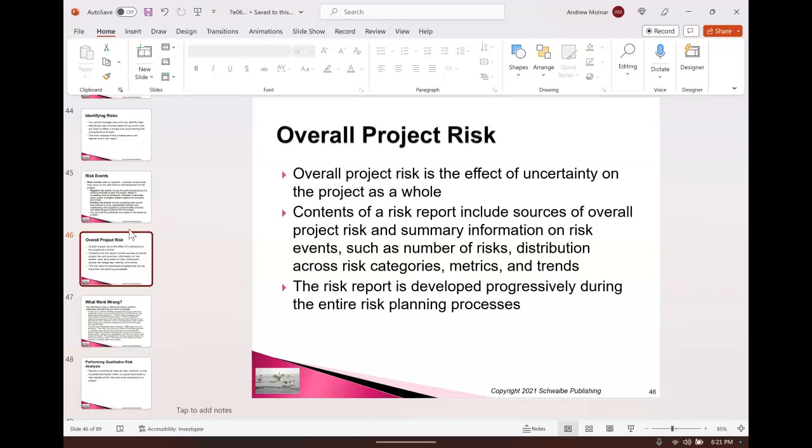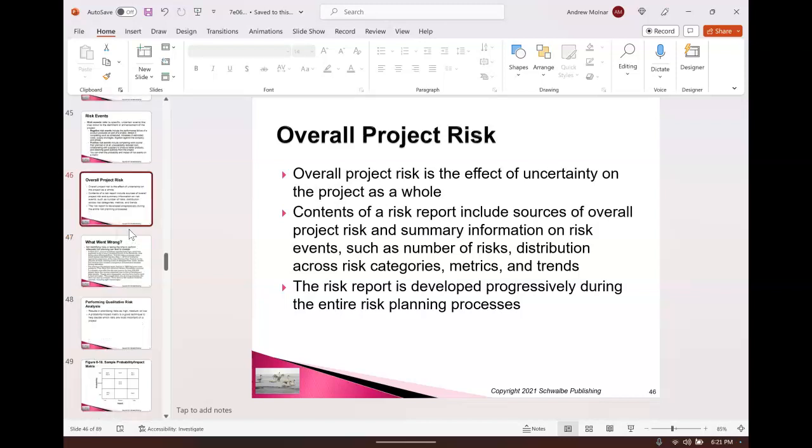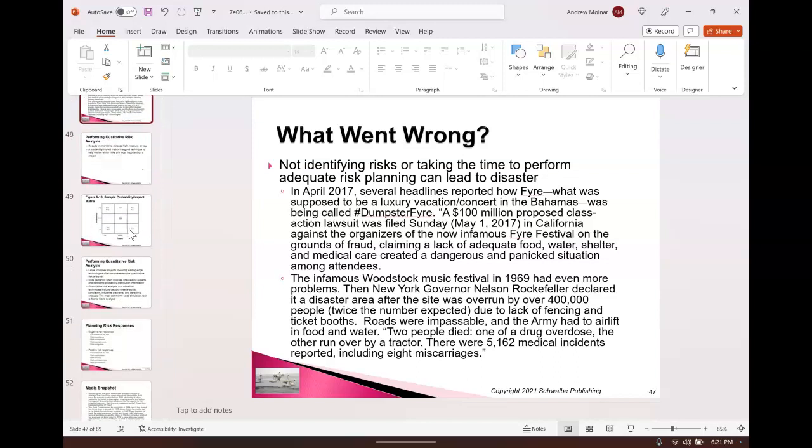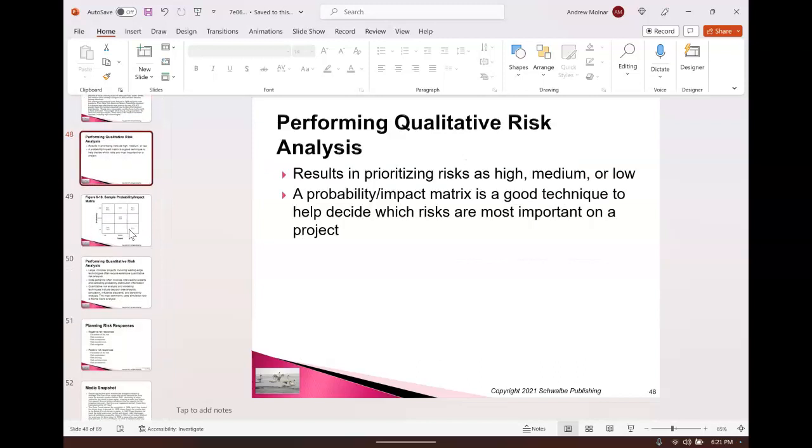That may change your picture a little bit. And so, what went wrong, right? Not identifying risks or taking the time to perform adequate risk planning can lead to disaster, right? And there are some examples there. They were also spelled out in the course book.